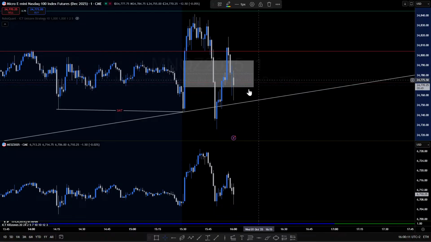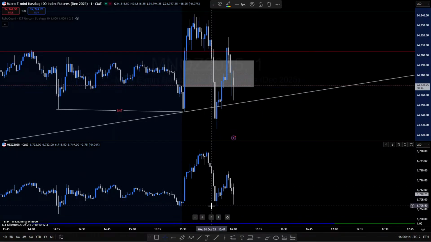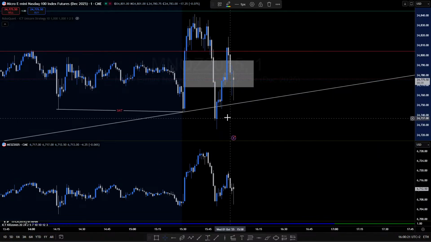So now look at the daily chart over here. Okay, we came off these lows really hard. We came up, swiped that minor buy side of liquidity, and now we're going to get the news reaction here.